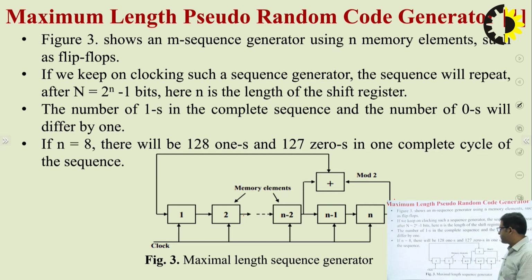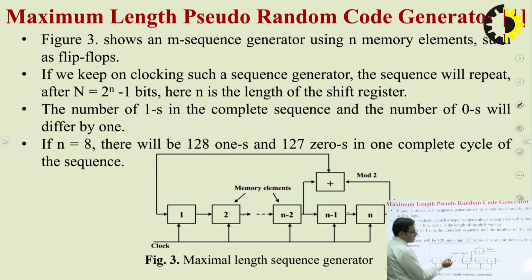Here in this figure I have shown a maximum length sequence generator. In this feedback shift register we are using n flip flops, and all the flip flops are connected with a single clock signal.